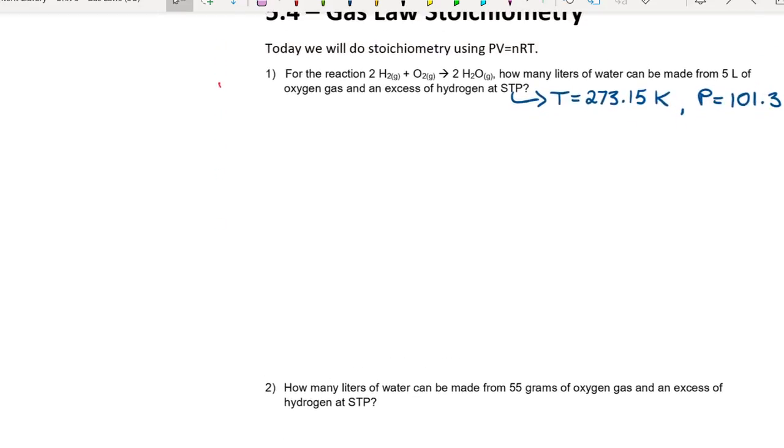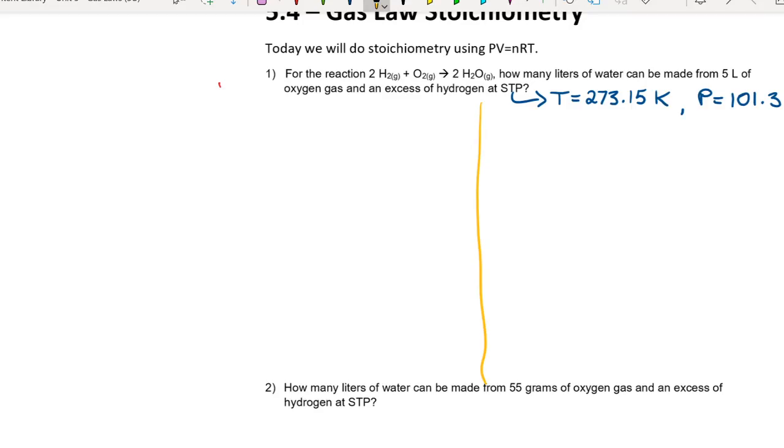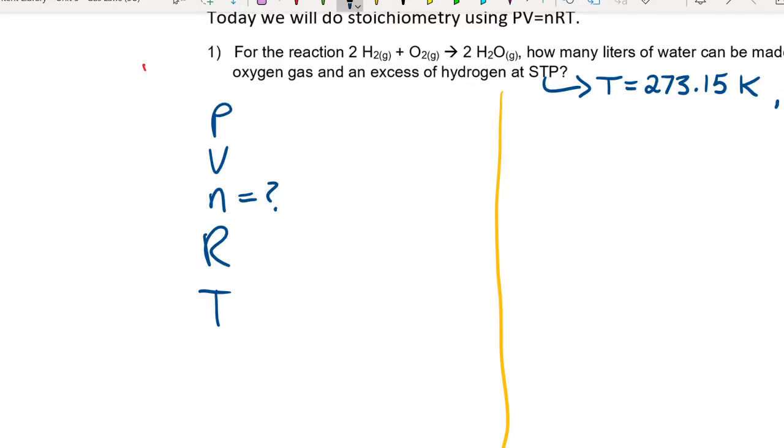So let's set it up. Since we know we're going to have 3 steps, I'm going to set this up here, and we'll say PV = nRT. We know that number of moles is what we're looking for. What is the pressure?